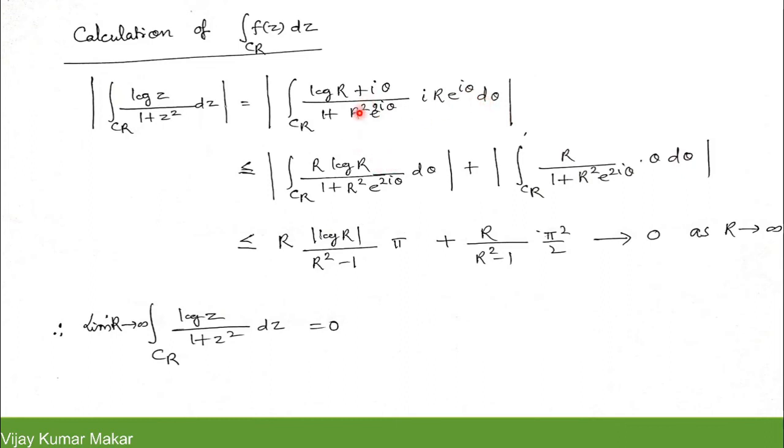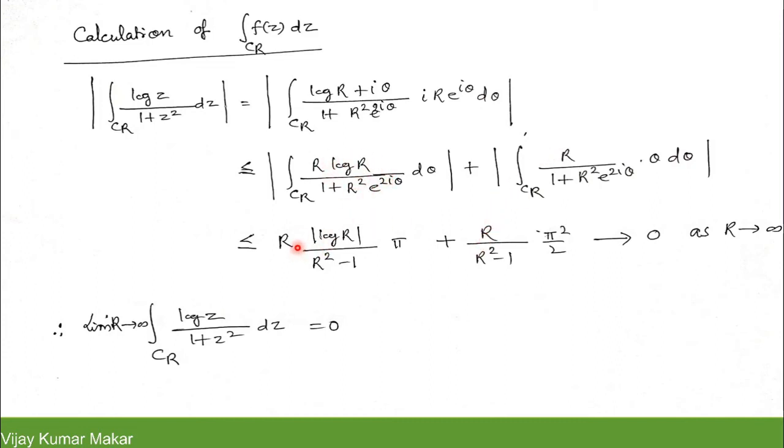Now by the triangle inequality we know that mod of z1 plus z2 is less than or equal to mod z1 plus mod z2. So we apply the triangle inequality and the ML inequality to find the value of this integration.